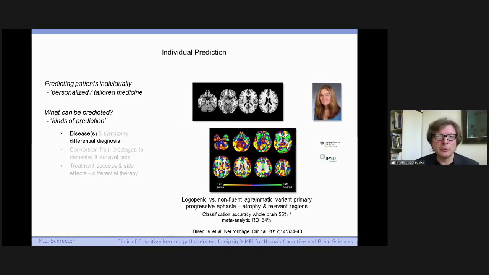If we go to the non-fluent variants of PPA, this is logopenic variant versus non-fluent agrammatic variant, we have problems if we use whole brain approaches. There we can reach only 55%. However, we can increase the classification accuracy if we focus on prototypical networks involved in the diseases as identified in the meta-analysis.